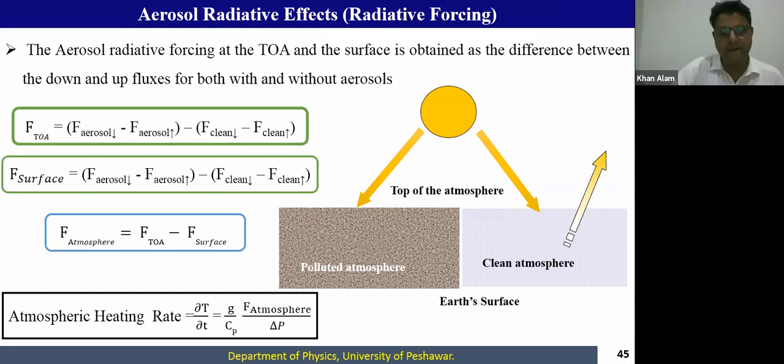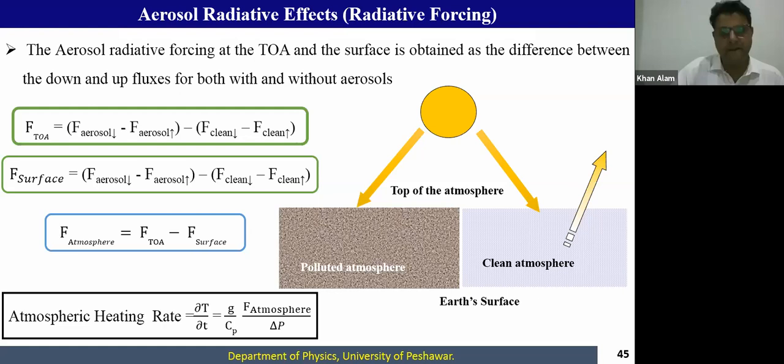So for this purpose, we need to calculate the radiative effect of the aerosol, or aerosol radiative effect. Aerosol radiative effect is the difference between the down and up fluxes with and without aerosols.